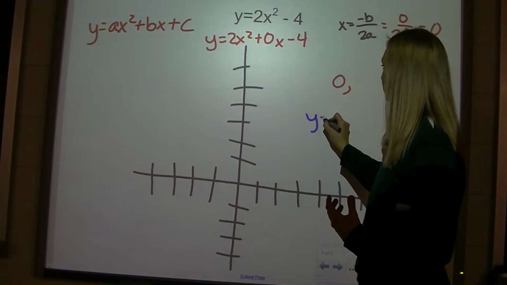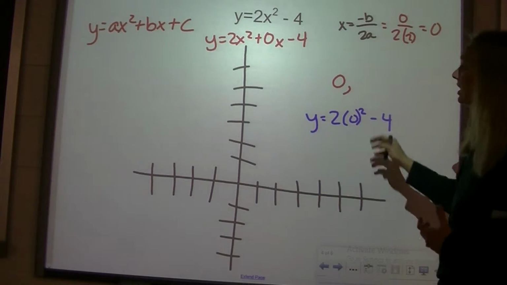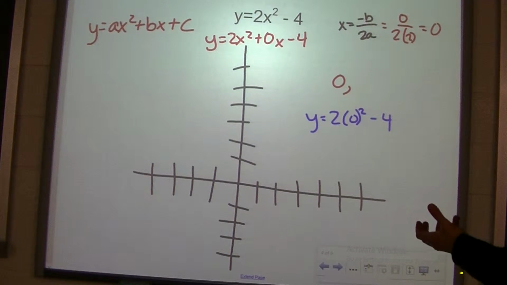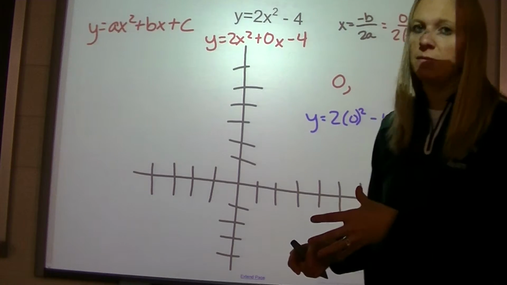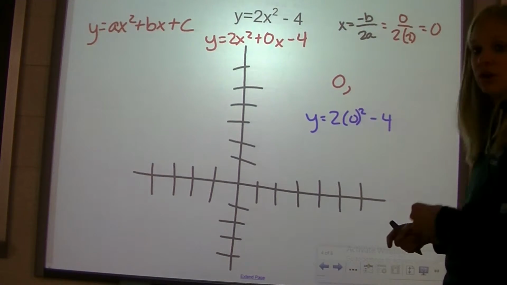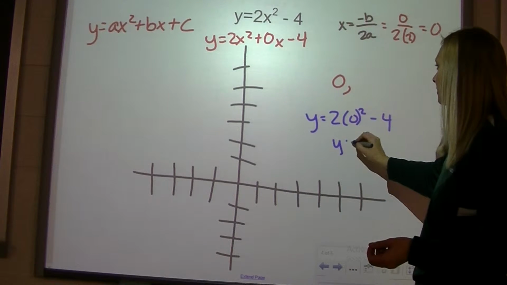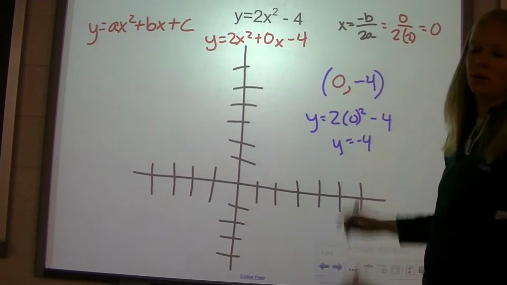So we have y equals 2 times 0 squared minus 4. We have to follow the order of operations. Because it's 0, it doesn't affect it too much, but 0 squared, we do the exponent first. 0 squared is 0. 0 times 2 is still 0. 0 minus 4 is negative 4. So we have the vertex of 0, negative 4.